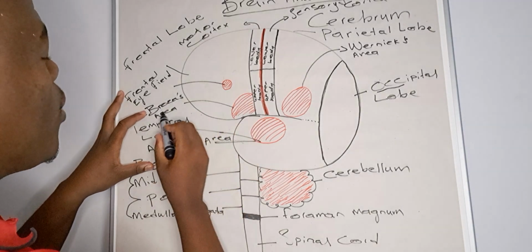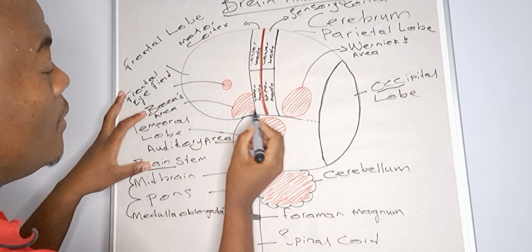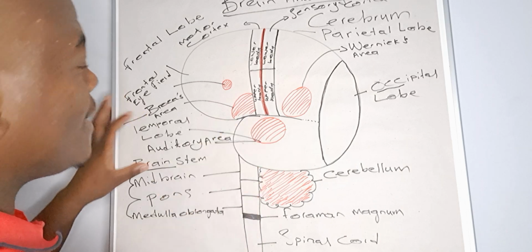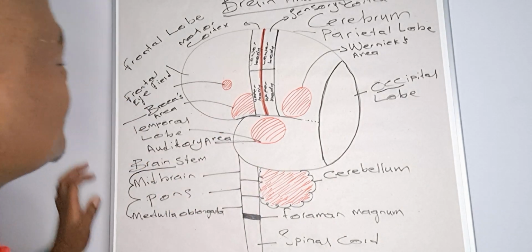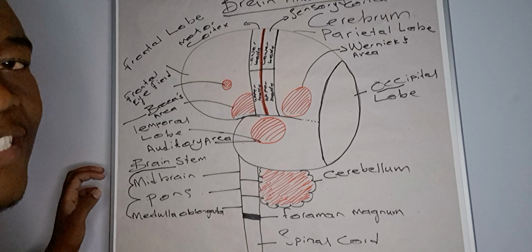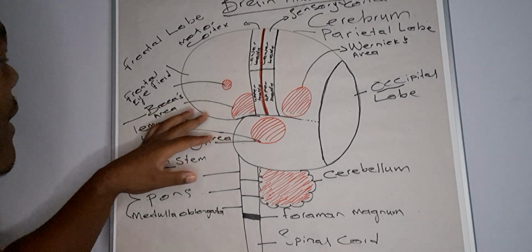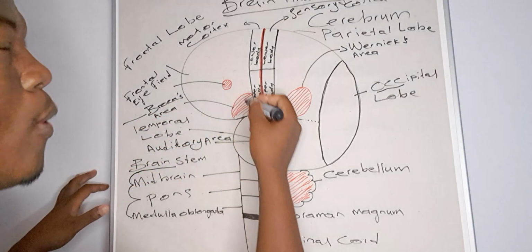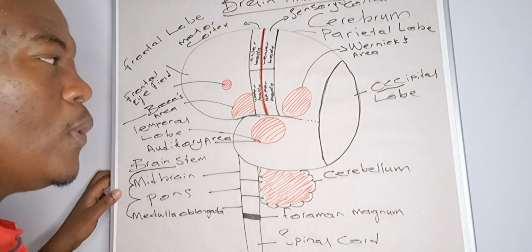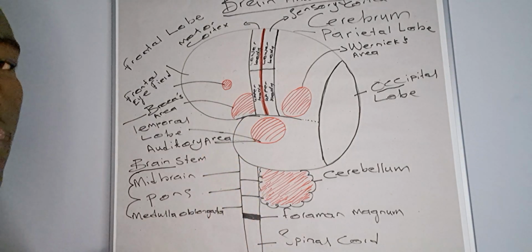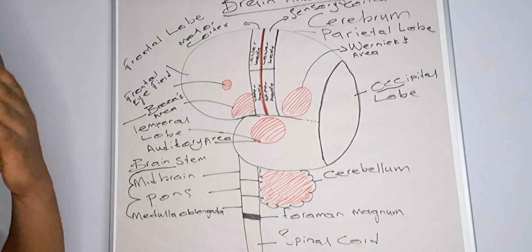Now we have our Broca's area here. Someone can ask a question: what is this Broca's area? This is quite simple. Broca's area is where your brain will turn the speech into a thought. How is that going to happen?